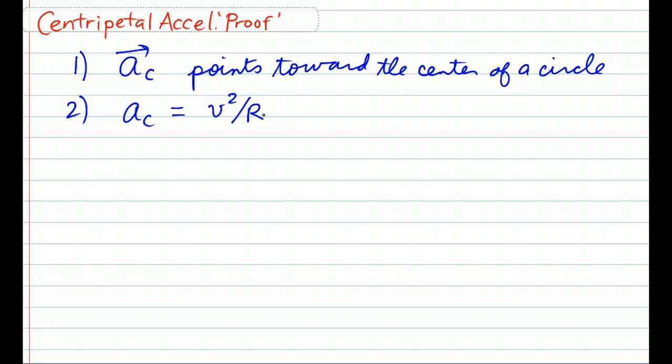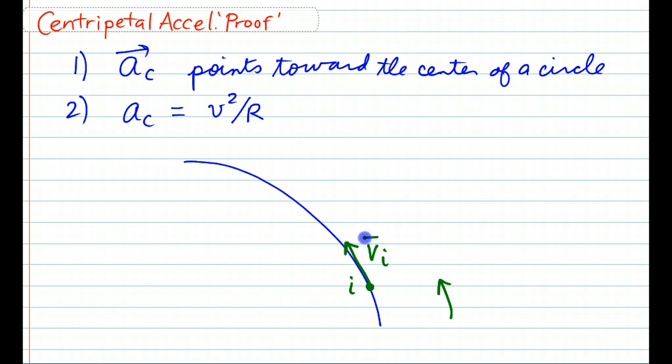Okay, so we'll start with the first one. I'm going to draw a chunk of a circle, and on the circle I'm going to draw two velocities. Let's say we're moving around the circle counterclockwise. At some starting time, maybe this is our initial position, we're going to have a velocity that's tangent to the circle at that point, so that's v initial.